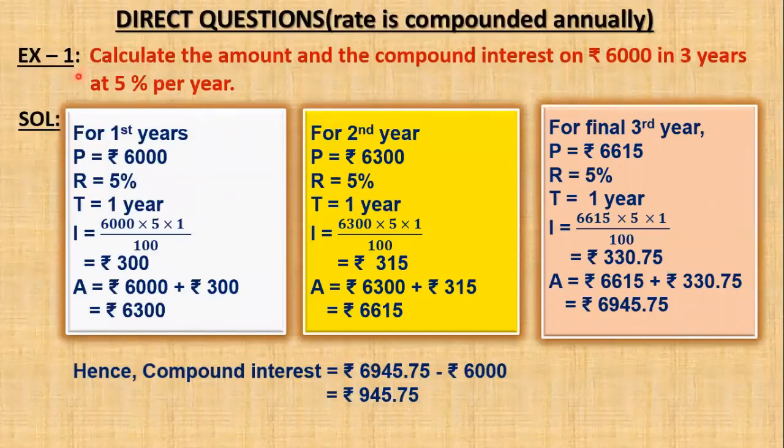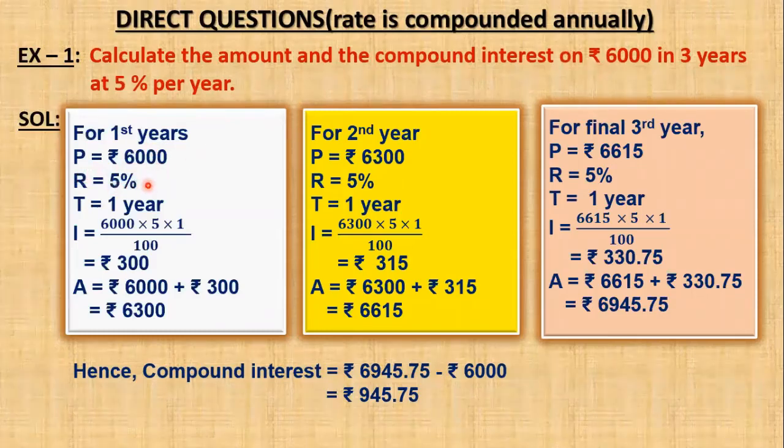Now some examples. This question is based on the fact when the compound interest is compounded annually, that is per year. Calculate the amount and the compound interest on rupees 6,000 in 3 years at 5% per year. For first year, principal rupees 6,000, which is the original principal given in the question.